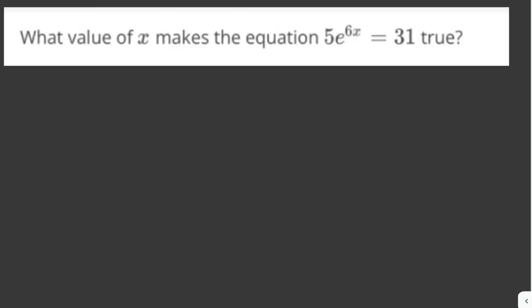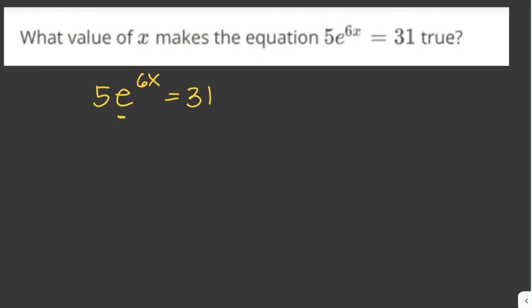Alright, let's solve another one here. What value of x makes the equation 5e to the 6x equals 31? So that is 5e to the 6x equals 31. So in this case, we have a natural exponential equation because of e here.